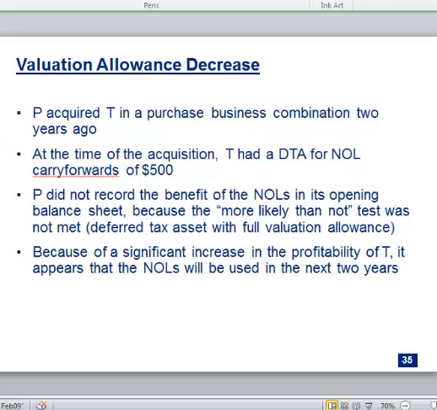So let's go through a couple valuation allowance examples. So let's say P, parent, acquires T, target, in an acquisition 2 years ago. Let's say that target had an NOL of 500.